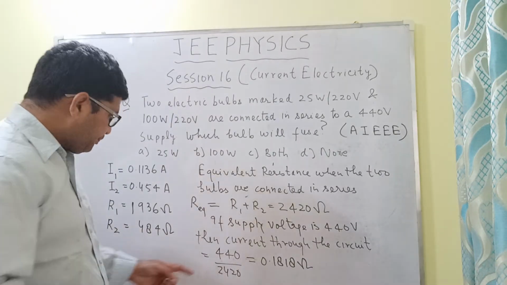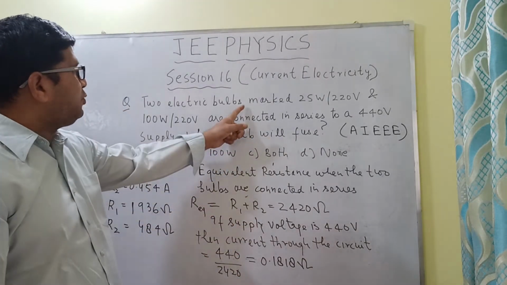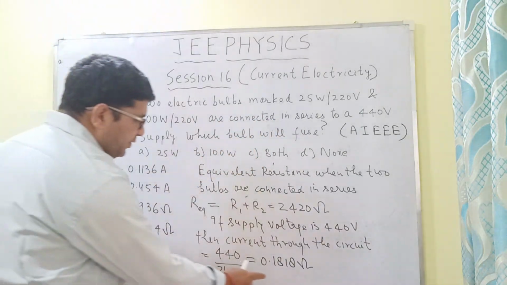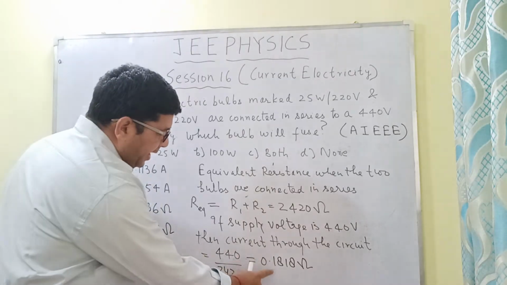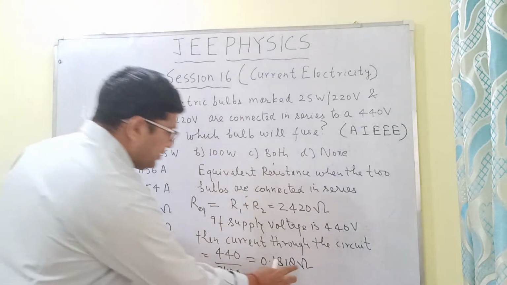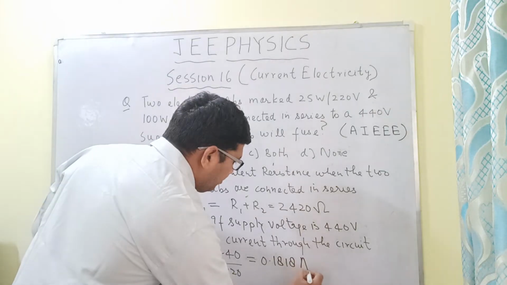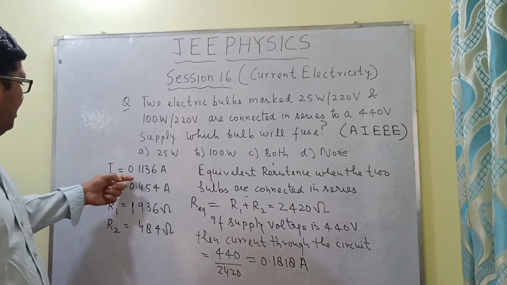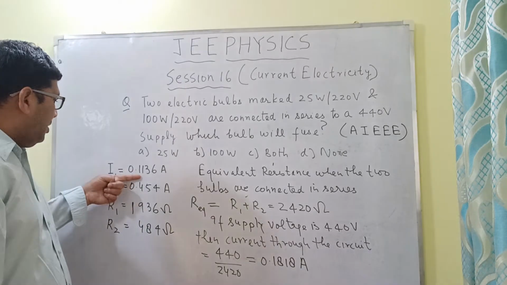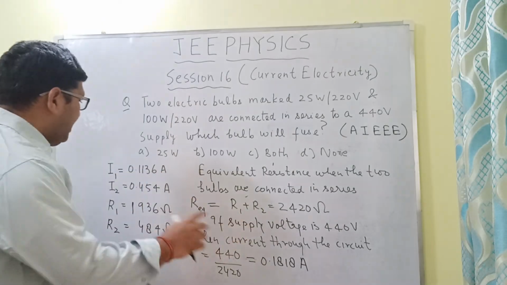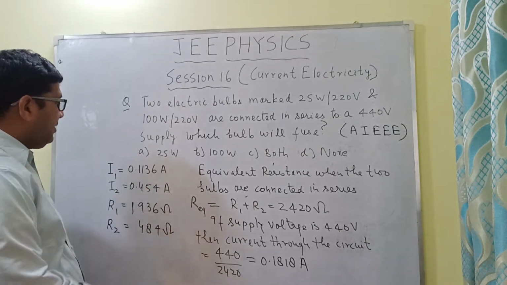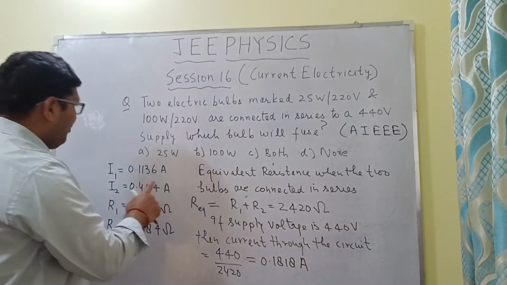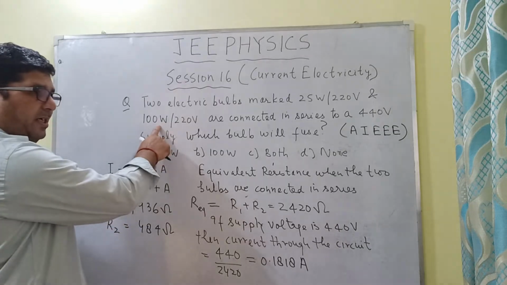So if these two bulbs are connected in series to a 440 volt supply, then the current which is flowing through that circuit is equal to 0.1818 ampere. And now we have also calculated the maximum allowable current, or you can say the maximum rating of the current, through the bulb which is having a rating of 25 watt and through the bulb which is having a rating of 100 watt.